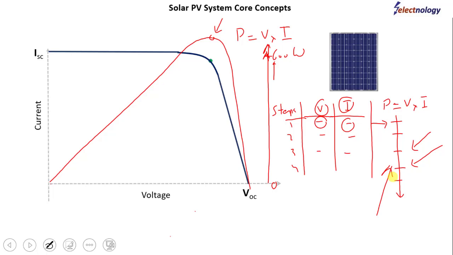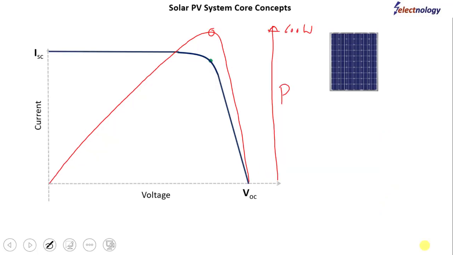Okay, and this is called the maximum power point, meaning this is the point where voltage multiplied with current will give the maximum value out of the complete range of the PV module. So this point, which corresponds to this point, is basically called the maximum power point on the voltage and current graph, and for the power graph it is this point.